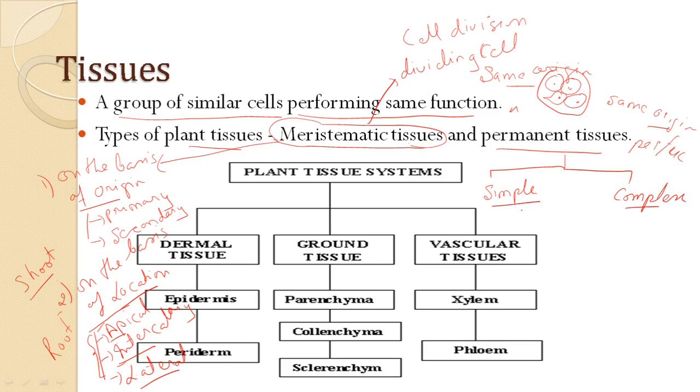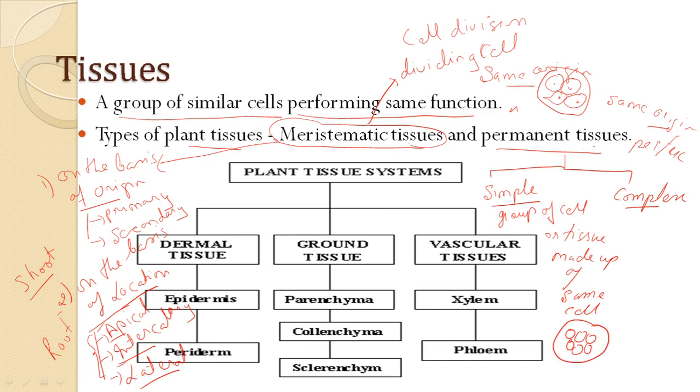A group of cells or tissue made up of the same type of cell, that is, all the cells in this tissue are similar in shape, size and function, is called a simple permanent tissue.